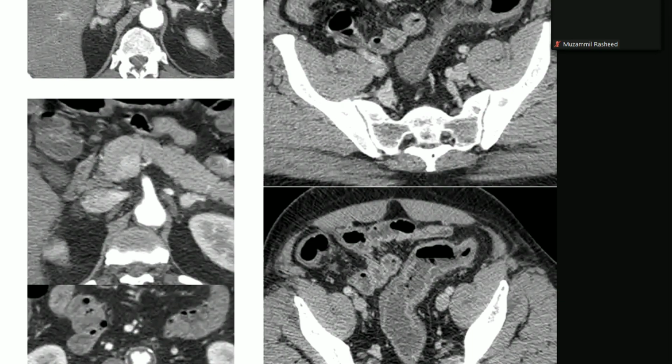And I can also appreciate that there is slight enhancement of the wall of the bowel. What about the inferior mesenteric artery? The third image is at the level of the inferior mesenteric artery.